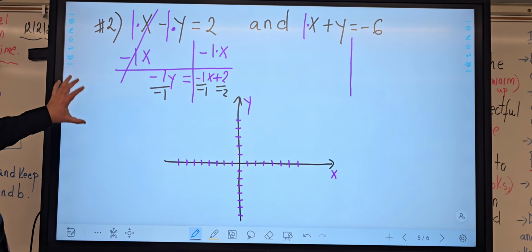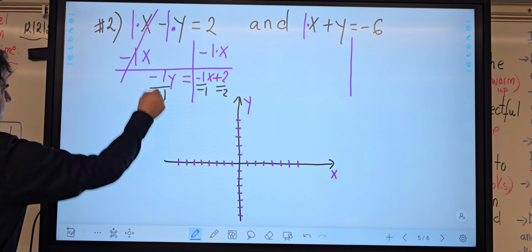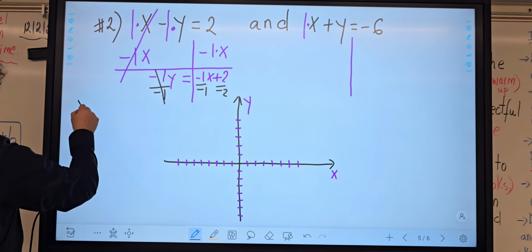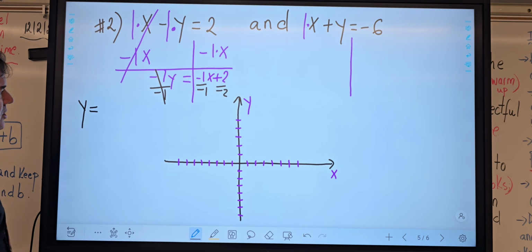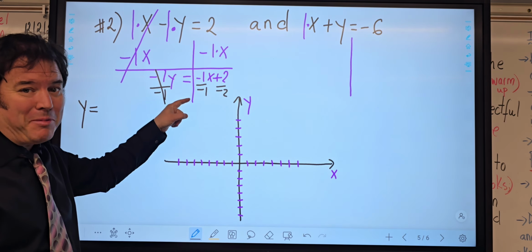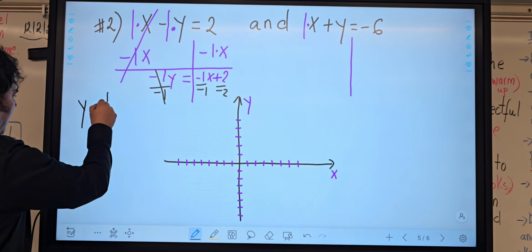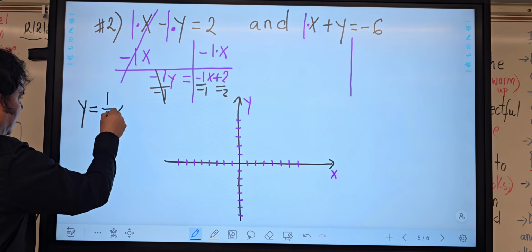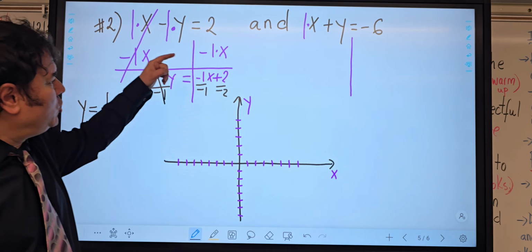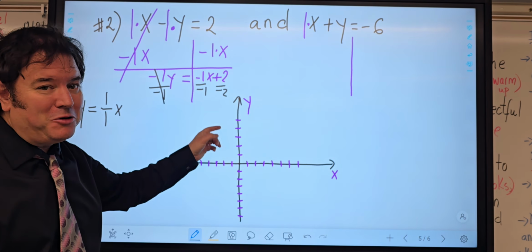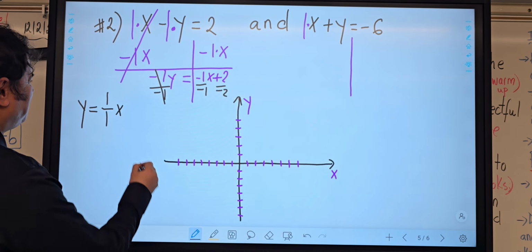Let me write the answer right here. So we get negative divided by negative becomes a positive, y equals negative divided by negative becomes a positive 1 over 1, rise over run, x. And then 2 divided by negative 2, we get negative 1.